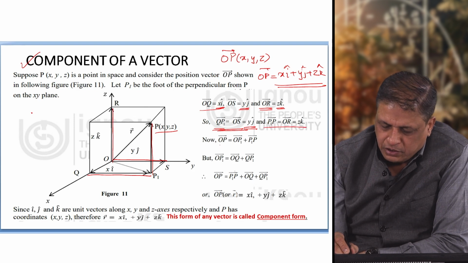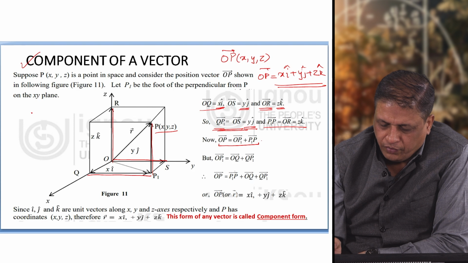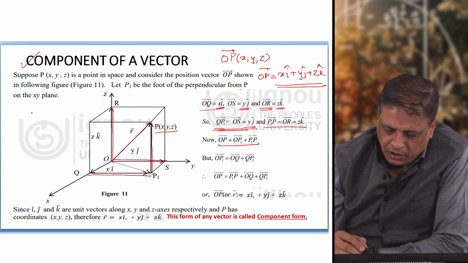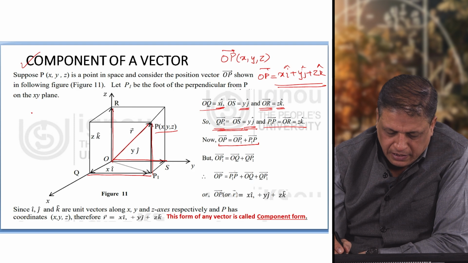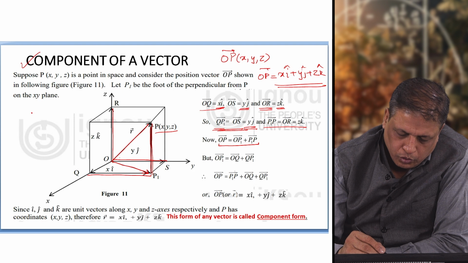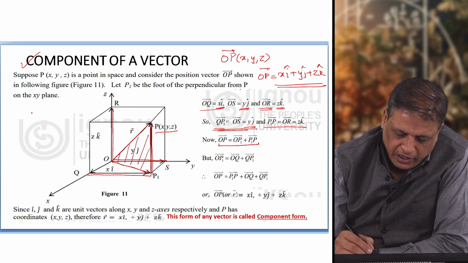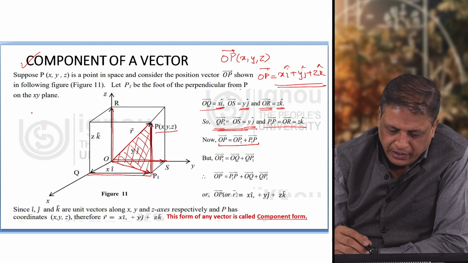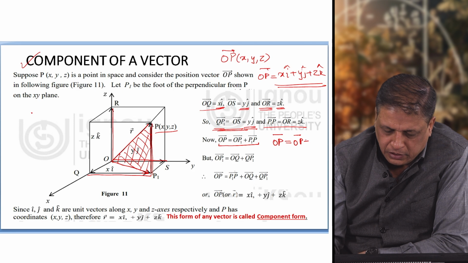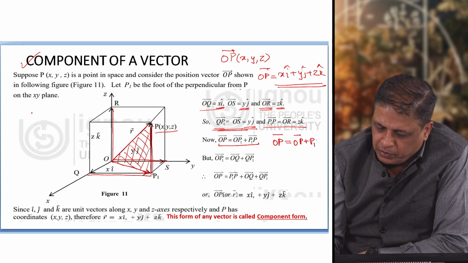So, applying the triangle law of addition of vectors, vector OP can always be written as OP1, which is this dotted line, plus P1P. So, we had applied the triangle law of addition of vectors into this triangle, and we find that vector OP can always be written as OP1 vector plus P1P vector.